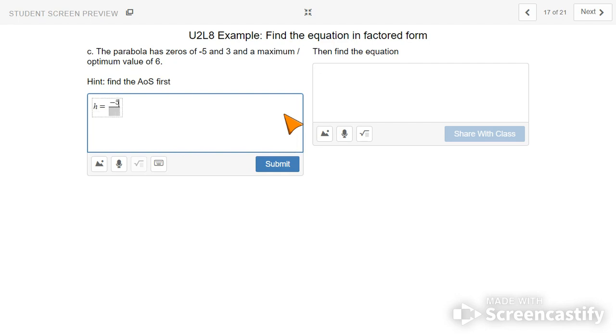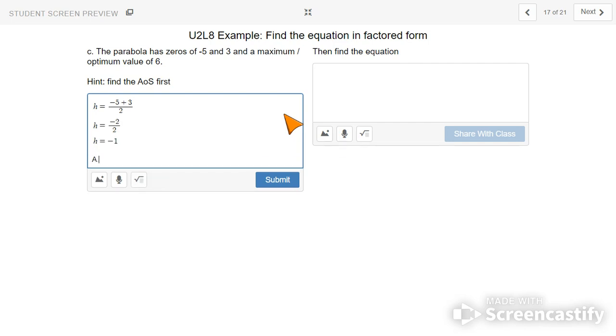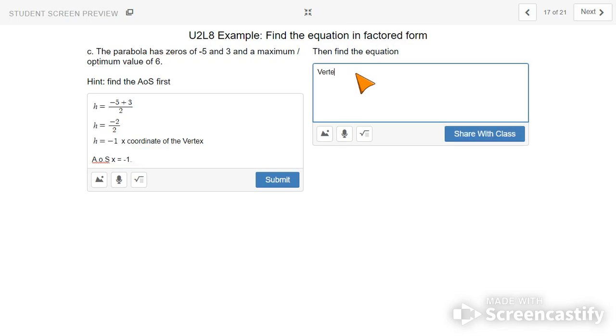We have (negative 5 plus 3) divided by 2. x is equal to negative 2 over 2, and x is equal to negative 1. So our axis of symmetry is x equals negative 1. We also know that this is the x-coordinate of the vertex. So the vertex is (-1, 6).